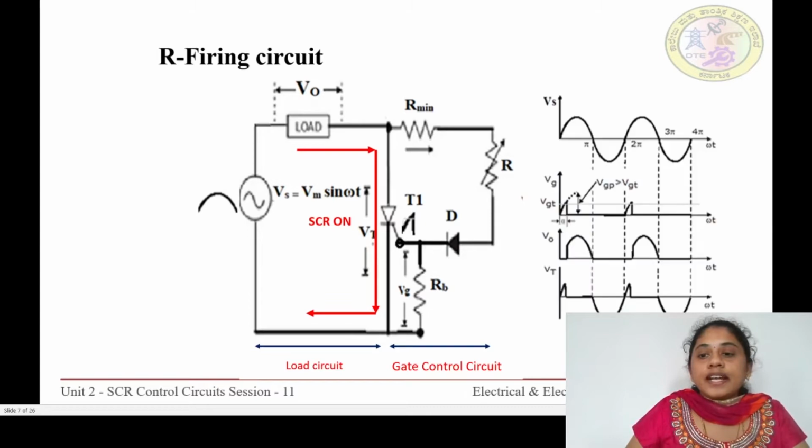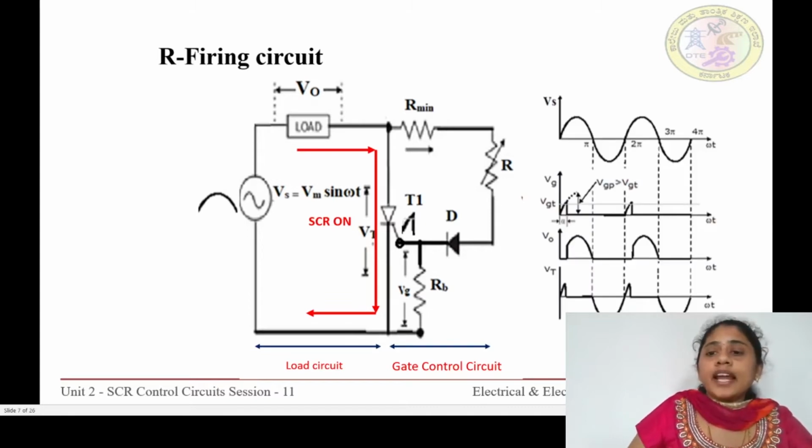So let us see the characteristics now. In the characteristics, you can observe Vs means AC source, the AC supply voltage. Here this is the triggering pulse. Once the triggering pulse is given, SCR is turned on. Once SCR is turned on, load current starts flowing in the load circuit. Hence, load voltage will be equal to the supply voltage.